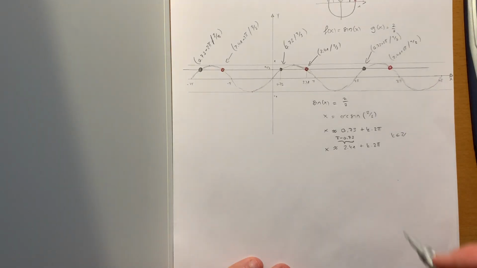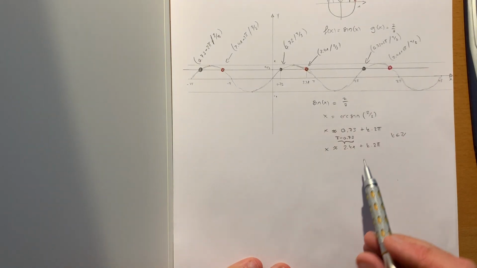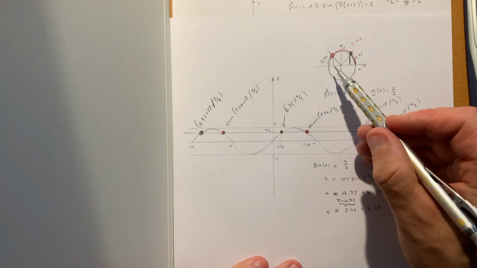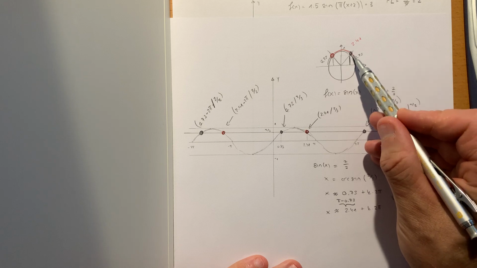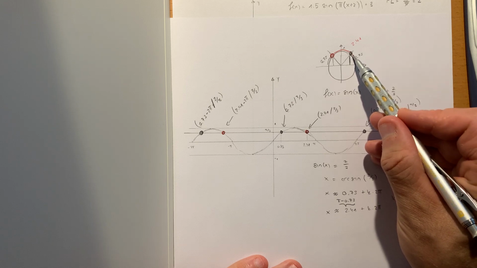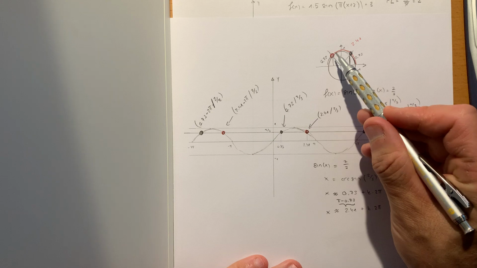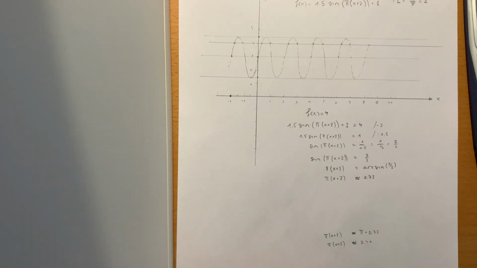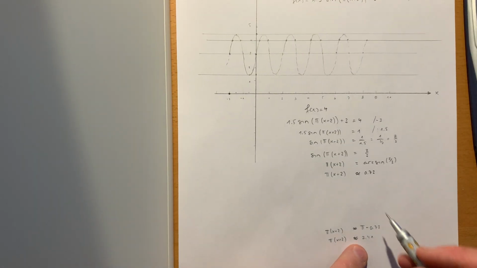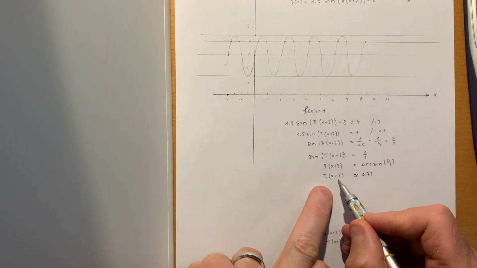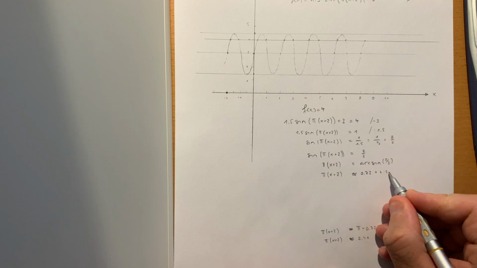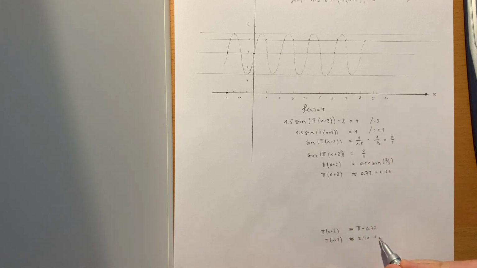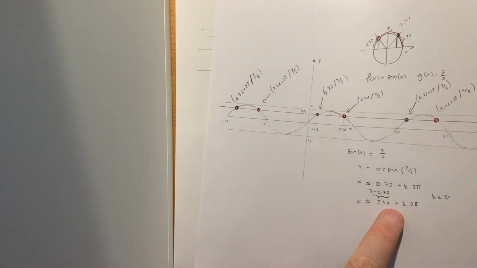Same thing as in problem 3. We looked at the unit circle and we knew that 0.73 is an arc length and 2.41 is another arc length. Well, we haven't finished yet, but still we have to add our k times 2 pi. K times 2 pi. We've done the same thing here.